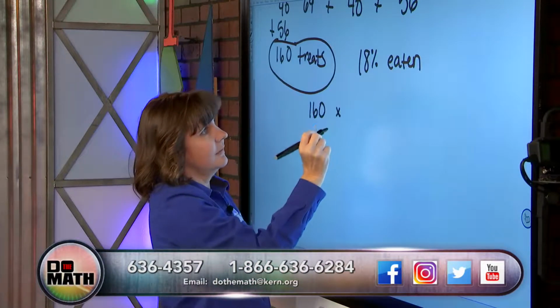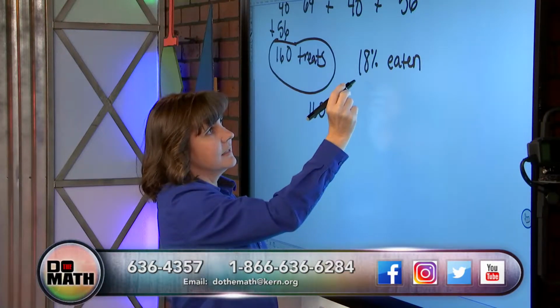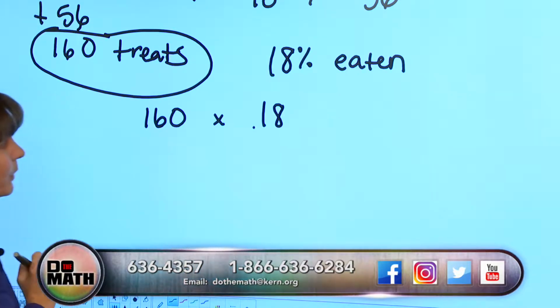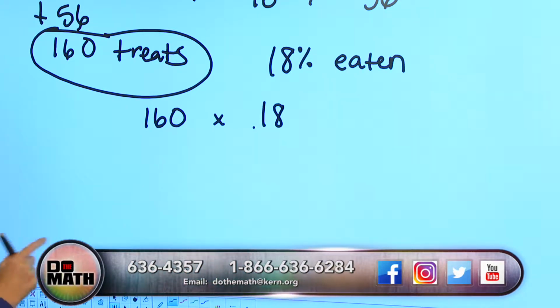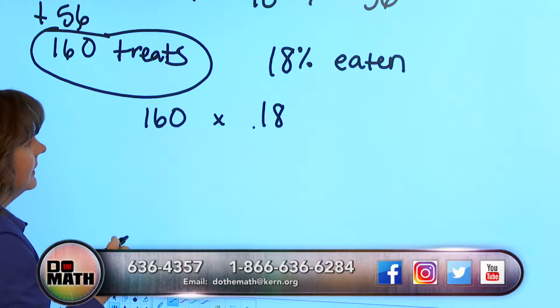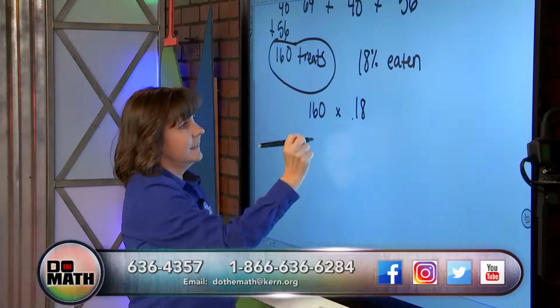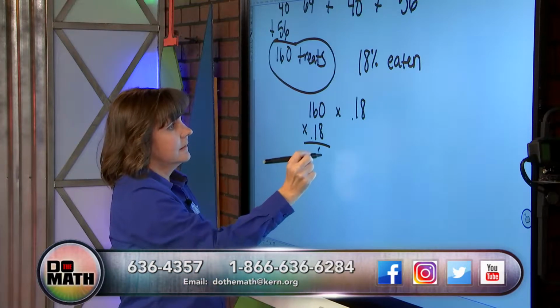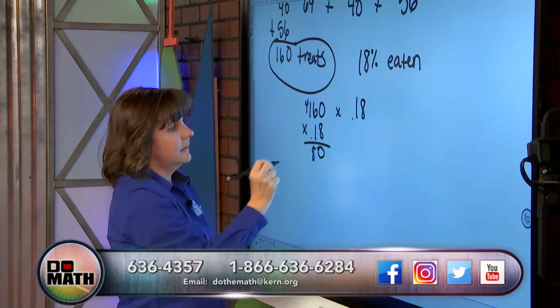Of is kind of a keyword that means you're going to multiply. And since this is a percent, we'd want to use its decimal format, and we would work it out like this: 160 multiplied by 0.18. So then we're going to multiply it, and 8, 4, 8, 9, 10, 11, 12.